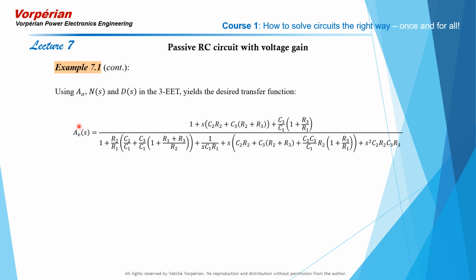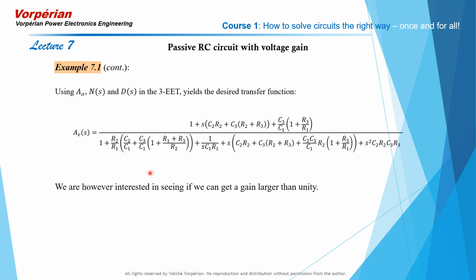The same is true as we go down in frequency, where in the numerator the S term drops out and we are left with a constant, whereas in the denominator the S squared term drops out, the S term drops out, the constant stays, while the 1 over S C1 R1 goes to infinity and again knocks out the transfer function. So we do have a bandpass characteristic.